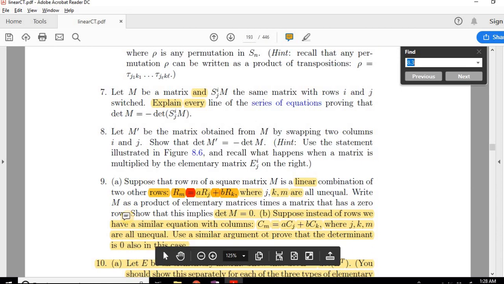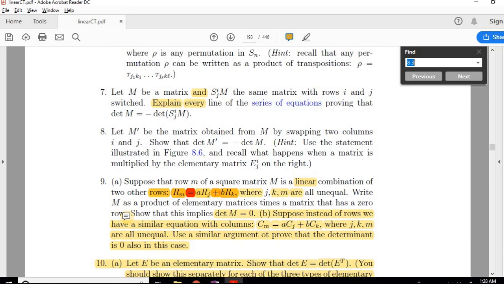In other words, you can take a matrix that has a zero row and use elementary row operations and come up with this square matrix big M. So it's up to you to figure out how to do that.